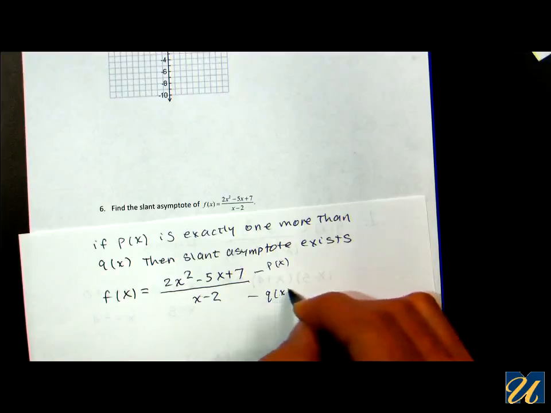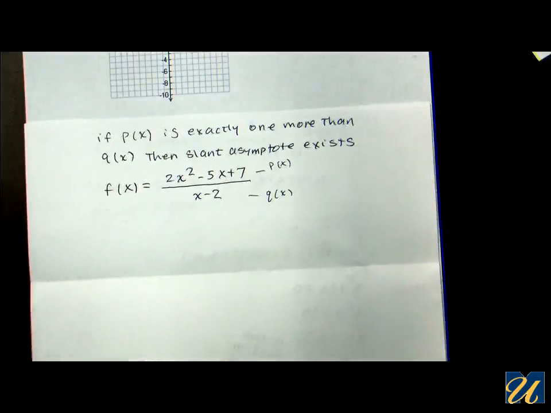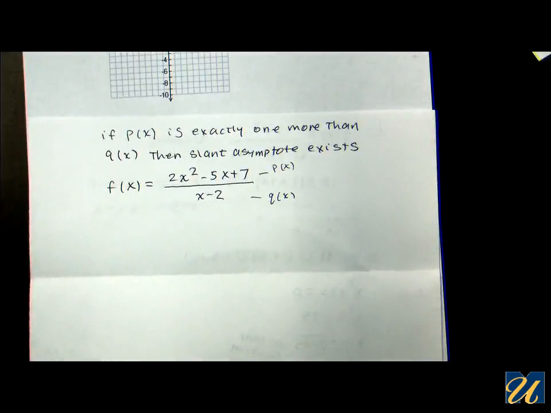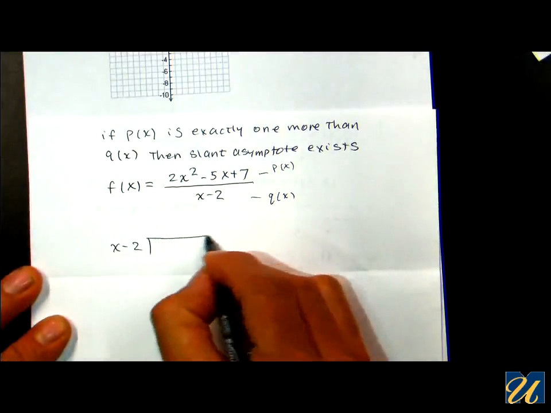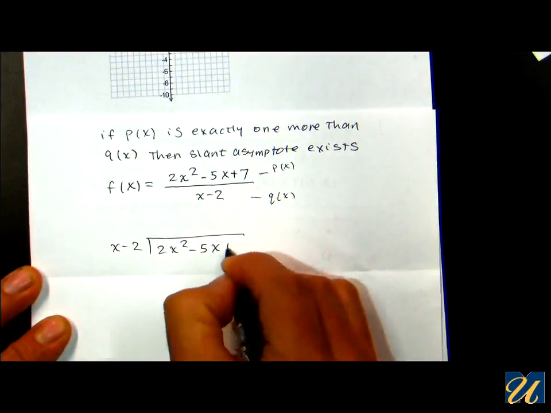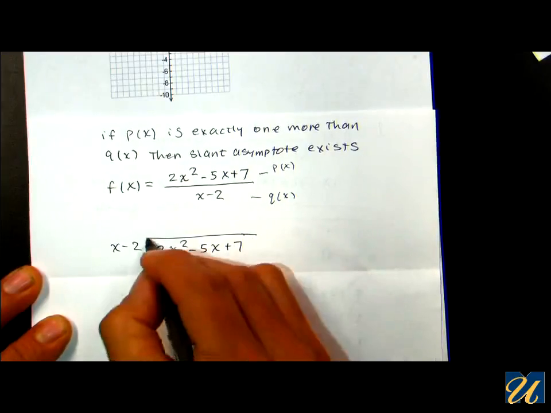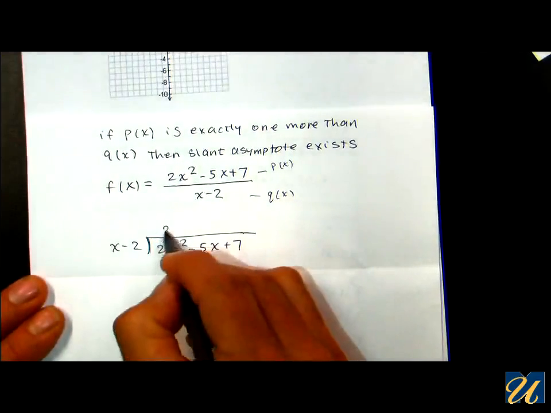That's q of x. Okay, how do we find it? We find it by polynomial division, or synthetic division if you know that. So we'll take the polynomial in the numerator, 2x squared minus 5x plus 7, and we'll divide it by the denominator, x minus 2. So let's see what we get here.